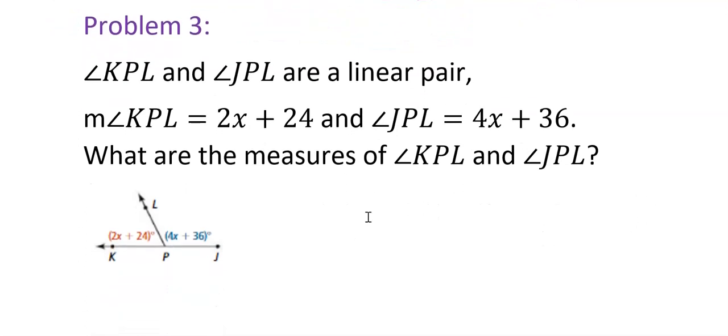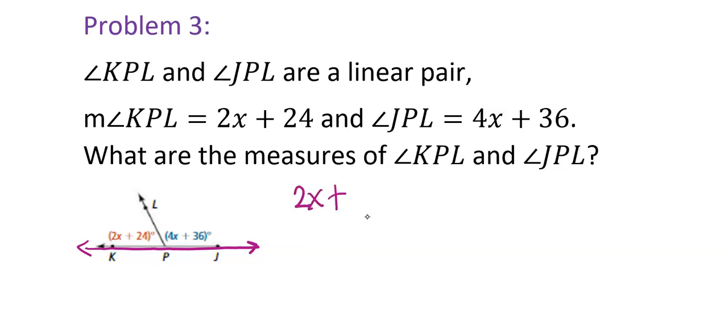Problem 3. KPL and JPL are a linear pair. Okay, that means they form a line. Okay, so that's what we're looking at. KPL is 2x plus 24. Angle JPL is 4x plus 36. What are the measures of the two? Well, if they're a linear pair, then they add up to 180.